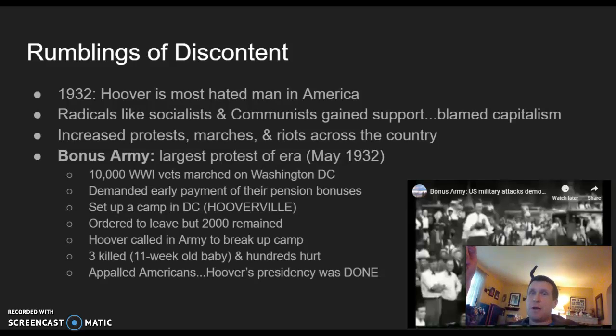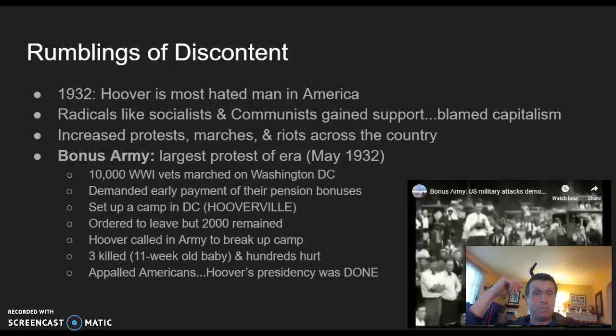President Hoover's reaction was he ordered the U.S. Army to go into their camps and bust up their camps and their marches, which led to the arrest of hundreds of veterans and killed 3 people. Hundreds were hurt, and of the 3 killed, one of them was an 11-week-old baby.